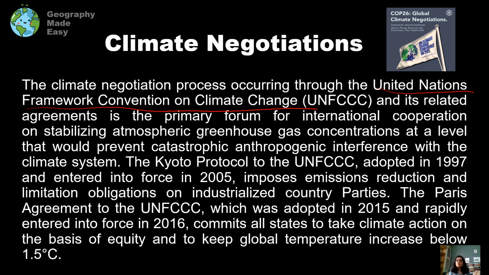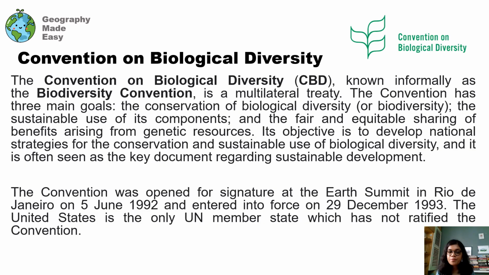So for each country, what is the problem and how we are contributing to global warming and climate change, and how it can be addressed. These negotiations try to do a midway path, but again they are not 100% successful.